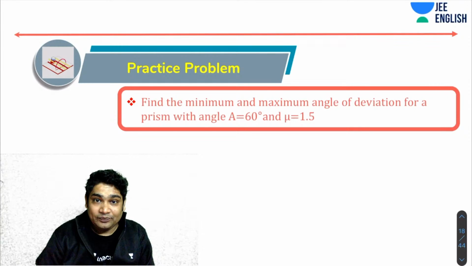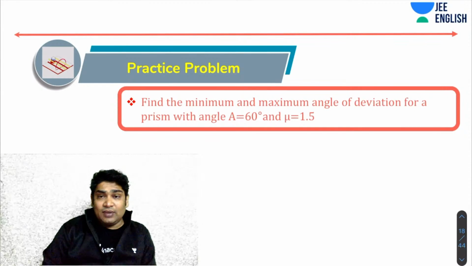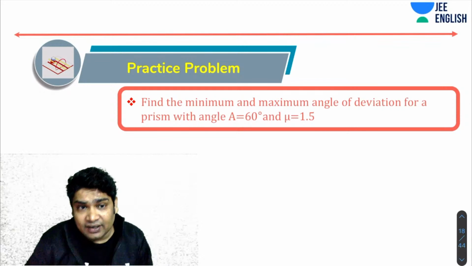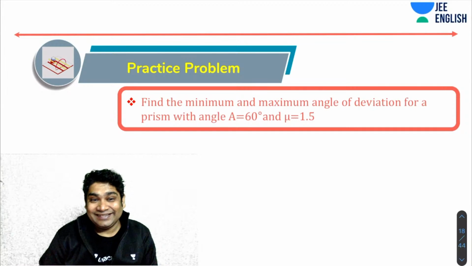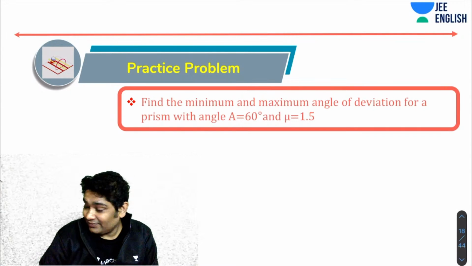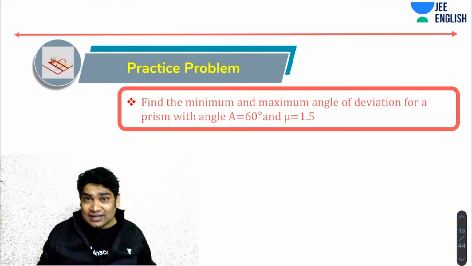So for minimum angle, I hope you remember the condition, and for maximum angle, again, the condition would be that either I or E would be 90. So try this, and then let's see.